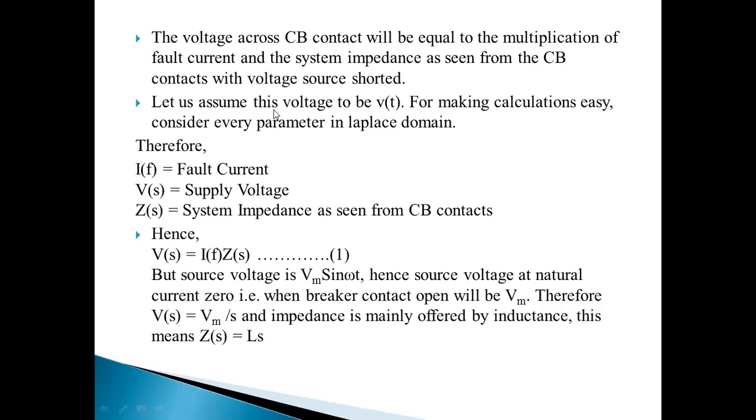So it is equal to I into Z. The voltage across the circuit breaker contact is nothing but the product of the current and the impedance.